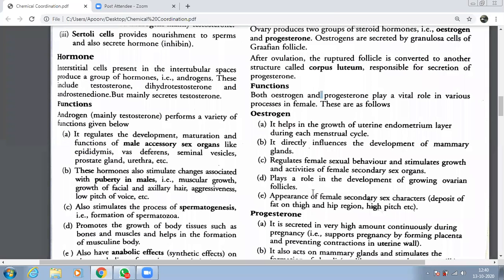The fourth keyword is formation of masculine body. Masculine body means the formation of bones and muscles in such a way that it is differentiated as a male body.